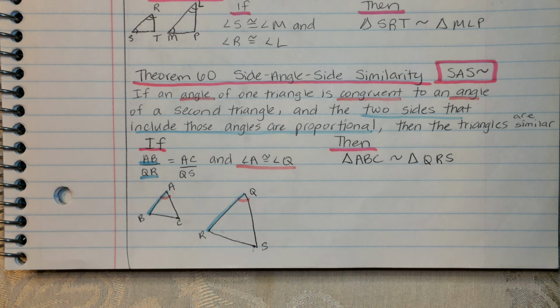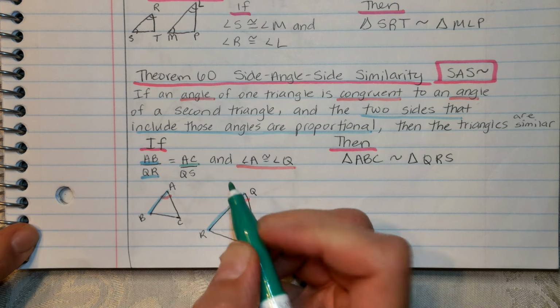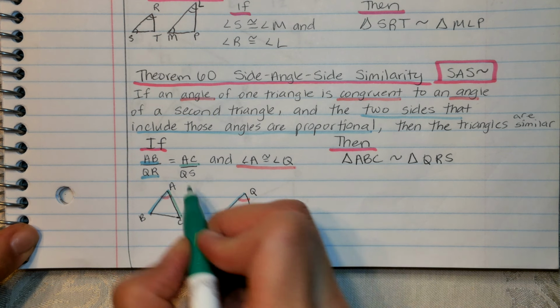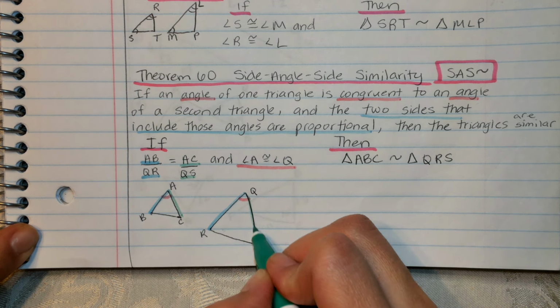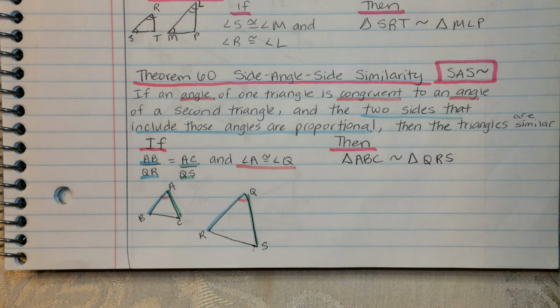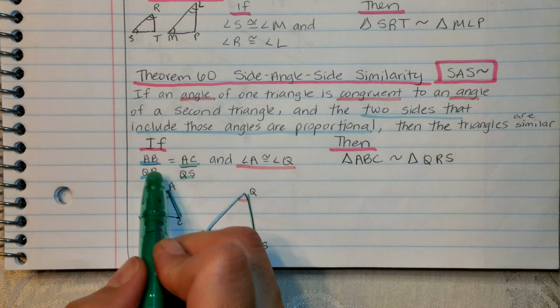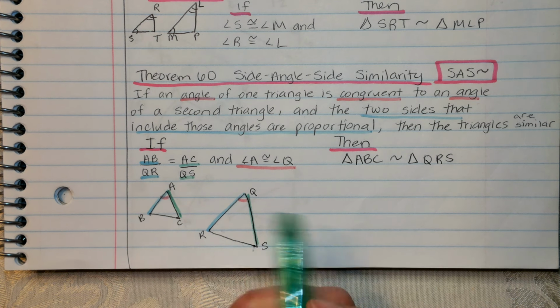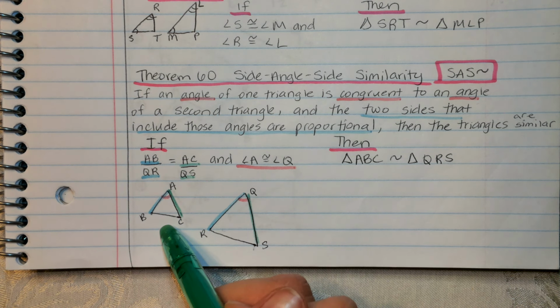So you can see a proportion is a ratio, or well, we're going to get the proportion, but we have the ratio of two sides. And then we've got, let me get a different color. Okay, so AC is right here and QS is right here. So you can see that those are the corresponding sides, and if you were to divide them, if that proportion was equal, we would know that it is side angle side similarity.